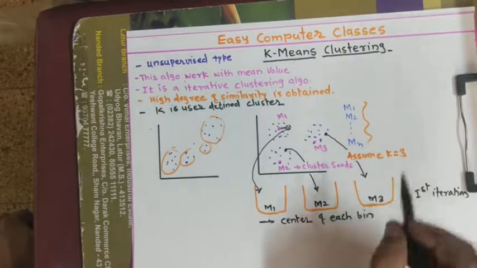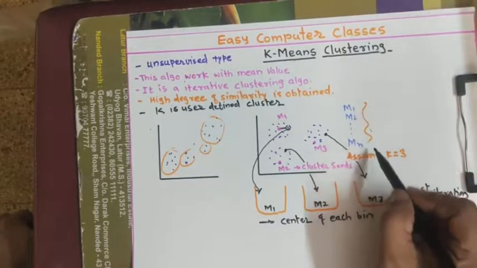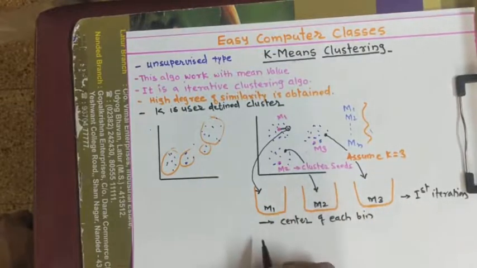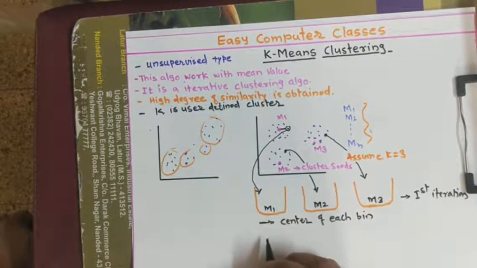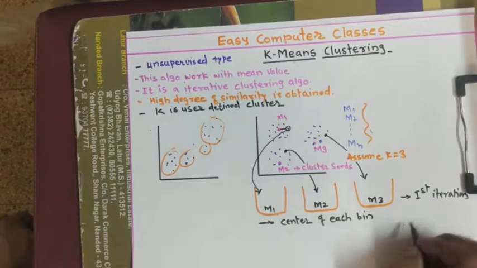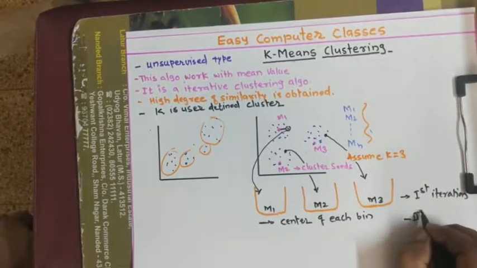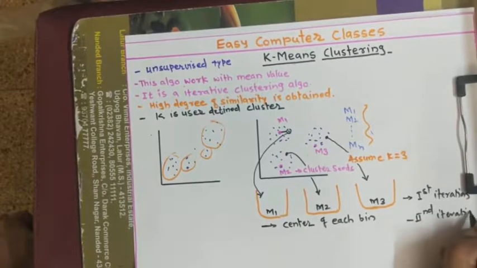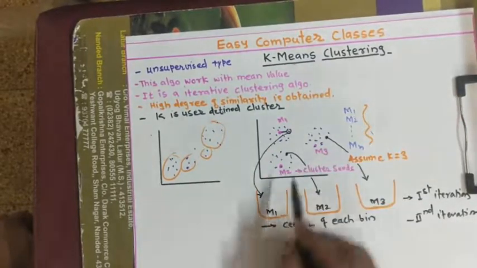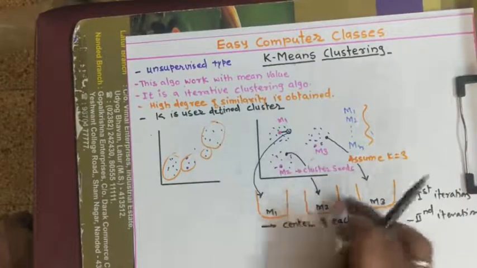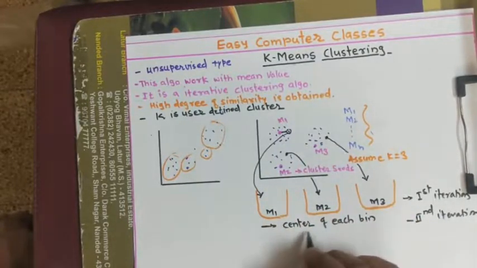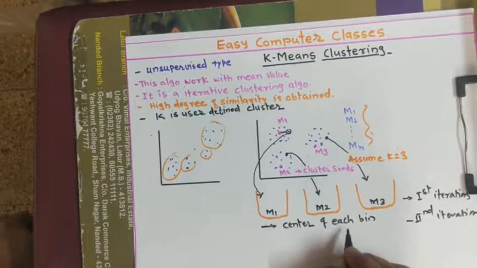Now we repeat the same process for every training point in the second iteration. After the second iteration, the points are again mapped to the respective beans, and again we calculate the center of each bean.